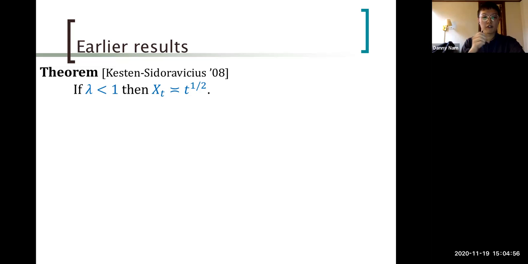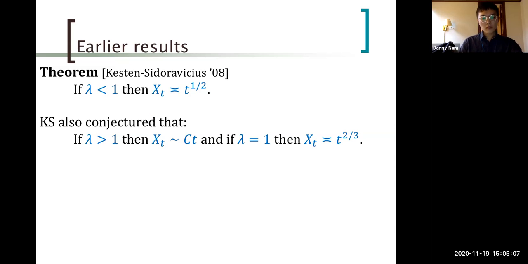And a particle can travel square root of t distance until time t, so L should scale like square root of t. Then they also conjectured that in contrast, when lambda is greater than 1, it will grow linearly. And if it's exactly equal to 1, then it should grow like t to the 2/3.